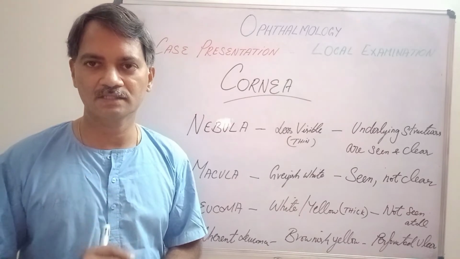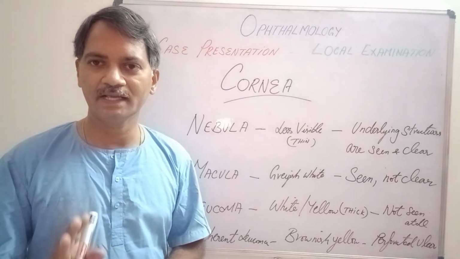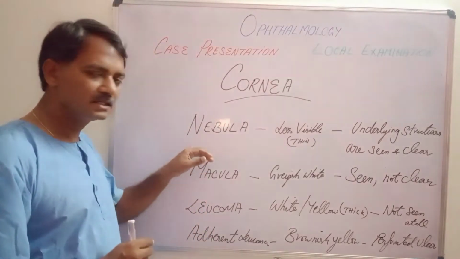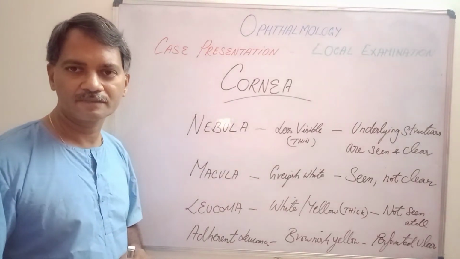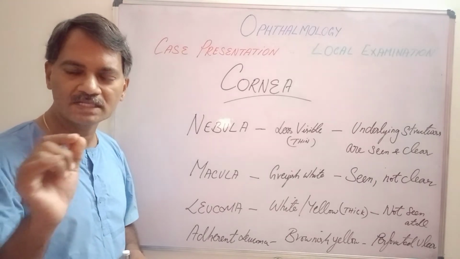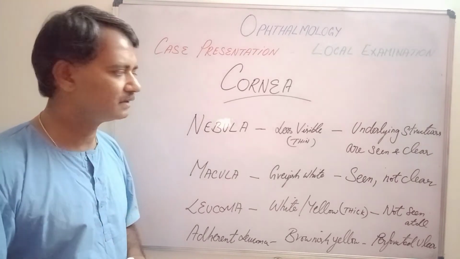It is a short case. Let us see in detail about the different types of corneal scars. The first thing is the nebula. The nebula is the thinnest scar because the ulcer has affected only the Bowman's membrane. So the scar will also be very, very thin.